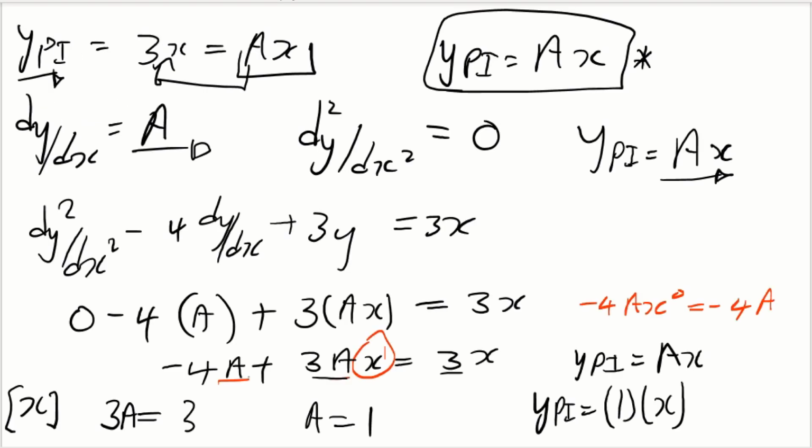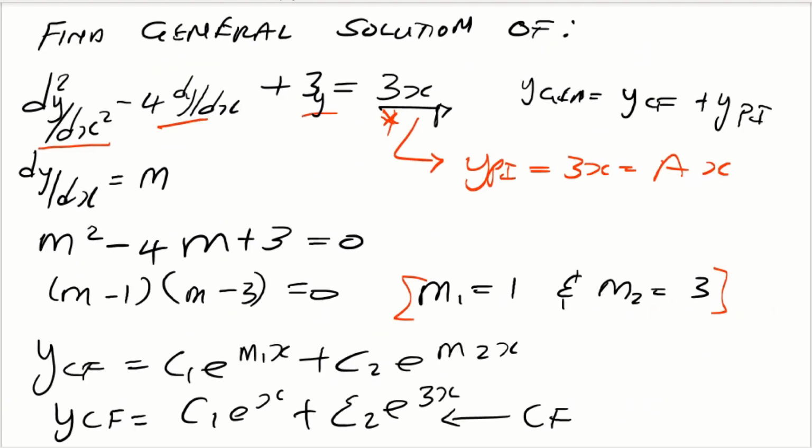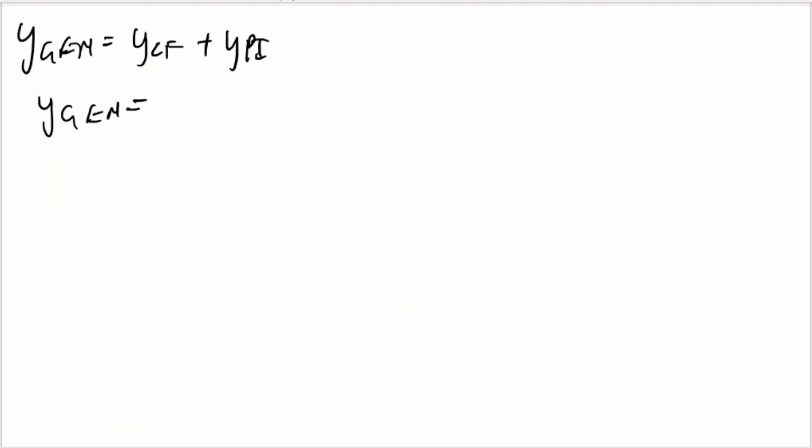So your y general will be y_CF plus y_PI. We go back to your y_CF, this is your y_CF, and you're gonna combine them.